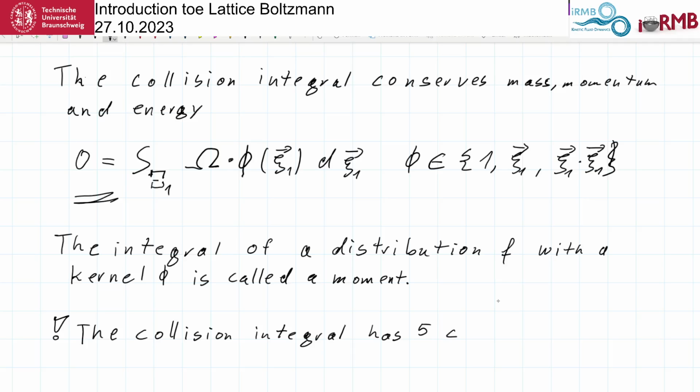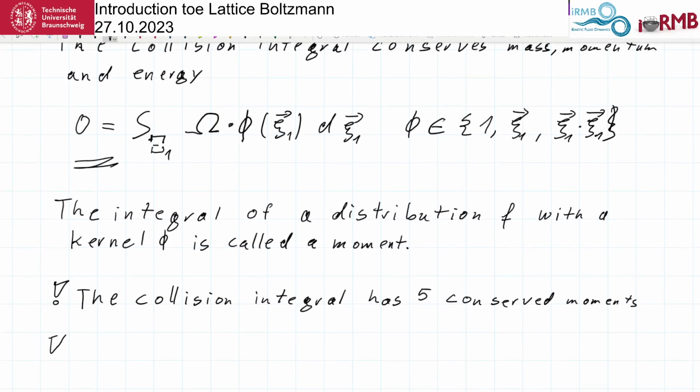So there are 5 conserved moments. And actually these conserved moments correspond to the primitive variables in continuum theory. So the primitive variables in continuum theory are particularly the velocity and the pressure, right? And maybe the temperature.